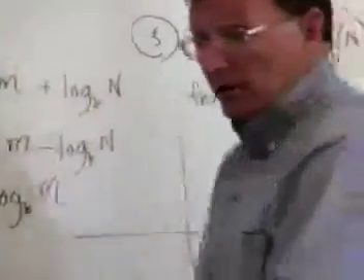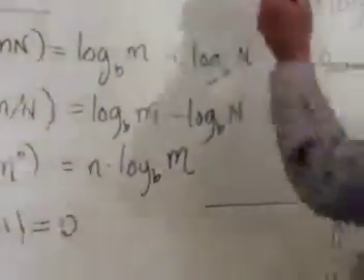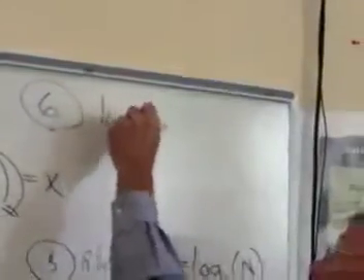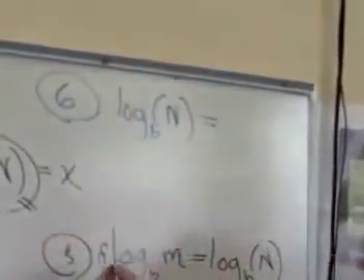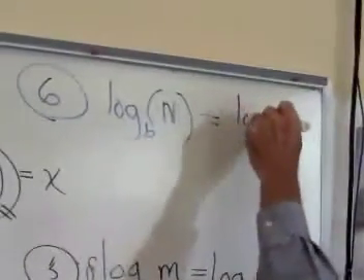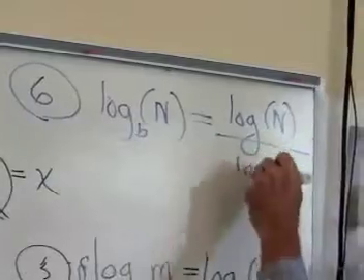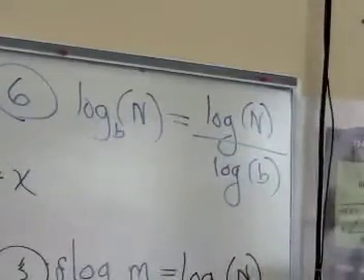I'll put it right here as number 6, and that is the log base b of a number can actually be converted to base 10 as the base 10 log of that number over the base 10 log of that old original base.